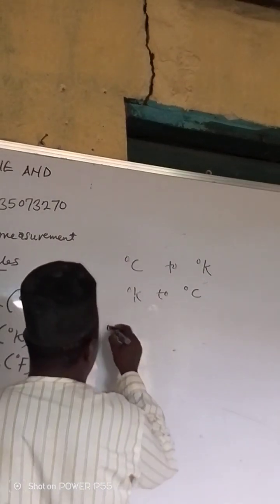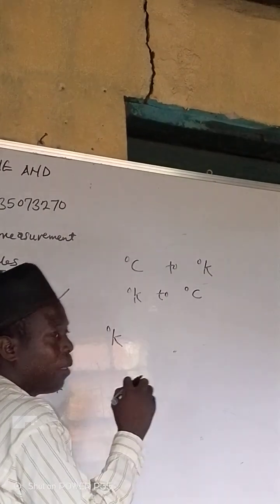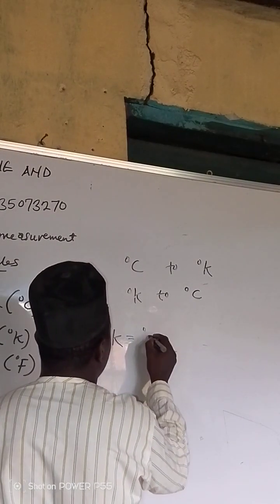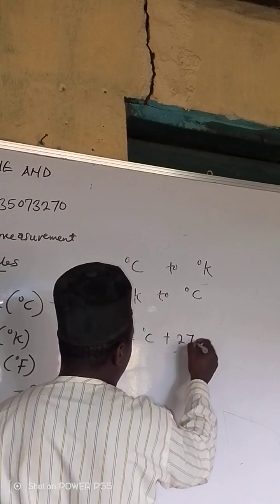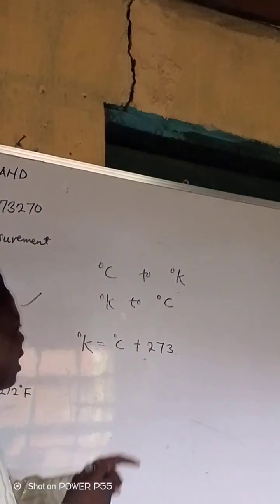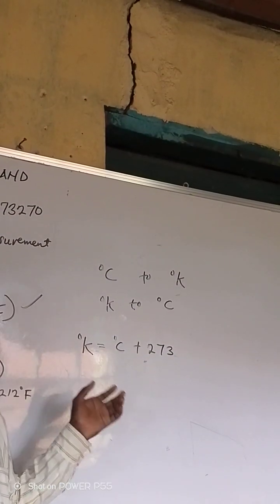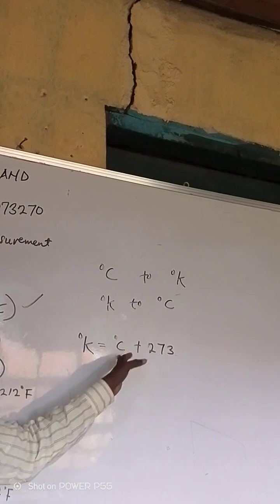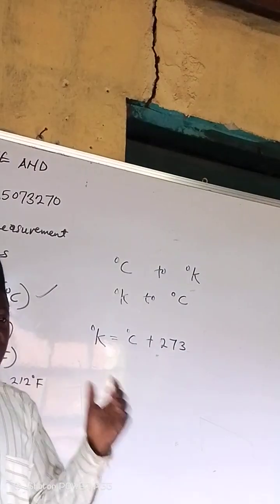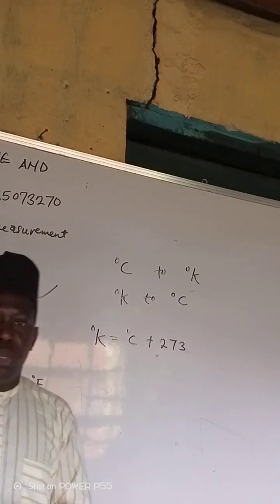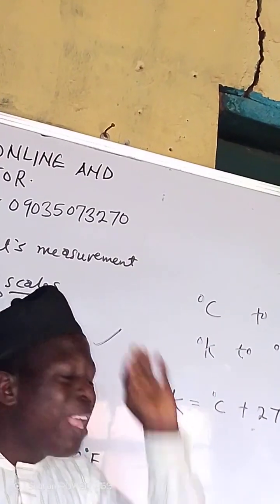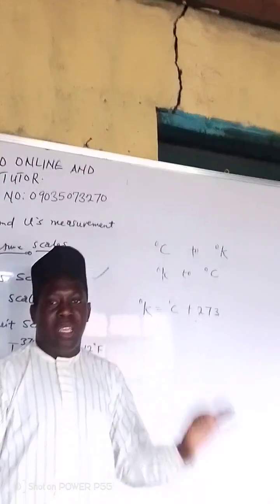To convert degree Celsius to degree Kelvin, our formula is degree Celsius plus 273. Are you getting me? It means that when you are given a question in degree Celsius and they ask you to leave your answer in degree Kelvin, we just need to add 273 to whatever you have been given in degree Celsius.